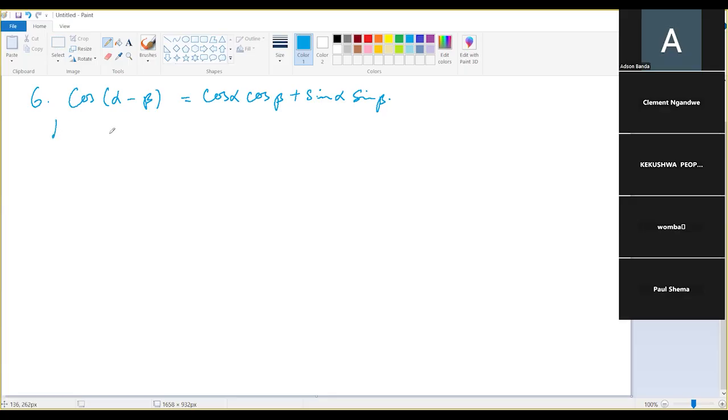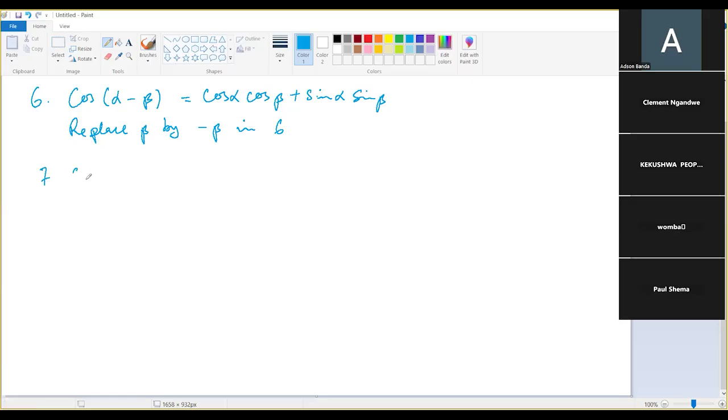Let's replace beta by minus beta in 6. So if we do that, then we see that what we are going to get is the following.